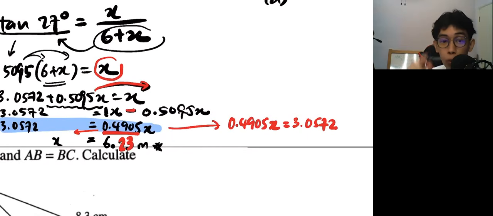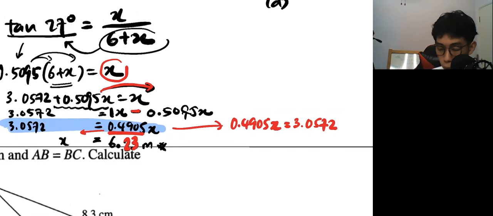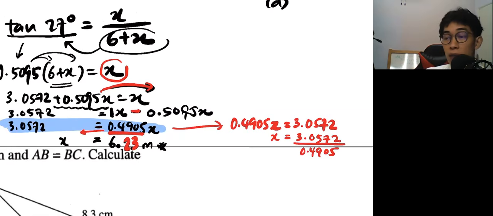After I put it into this format, then you know what to divide already. x equals 3.0572 over 0.4905. Then you will be able to get 6.23. This one understand?